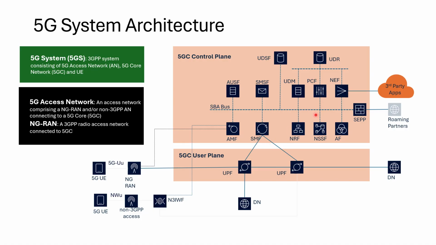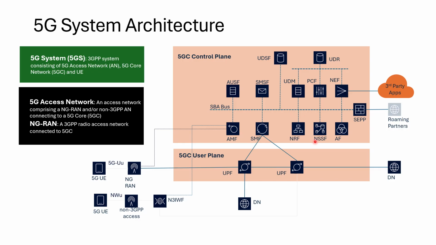Then we have UDM, UDR, and UDSF. This is for unified data management and the data repository. It is our centralized subscriber database and state storage, and these are decoupled. So the front-end network functions are completely stateless, so that they can scale out horizontally in the Kubernetes cluster.